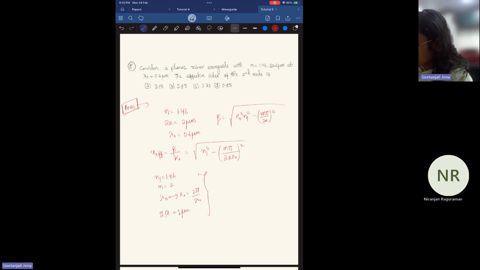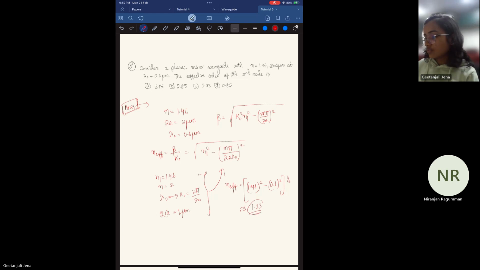If we put these values, n effective will come around square root of 1.46 square minus 0.6 square, which is 1.33. So the answer will be option C.